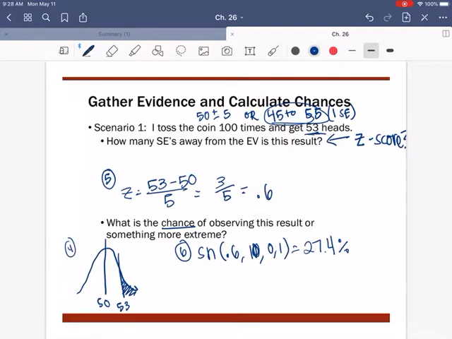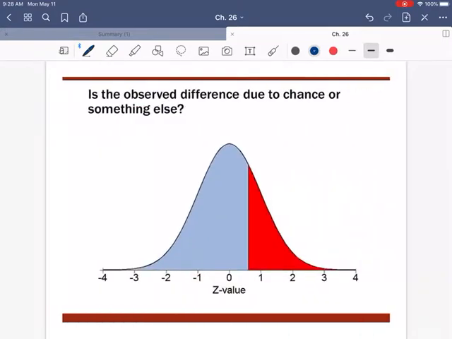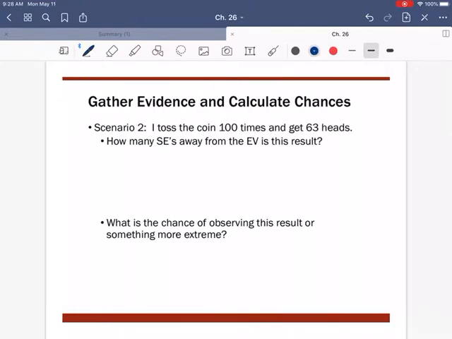And we get 27.4%. So the chance of observing 53 or more is 27%. So that's fairly likely. I mean, it's kind of low, but it's not way out there. So it's possible.